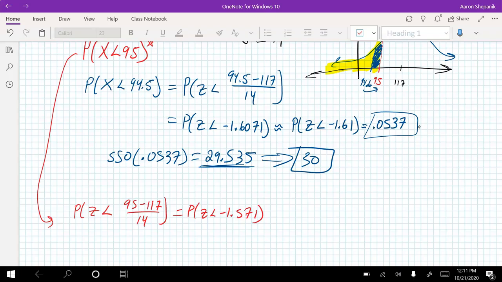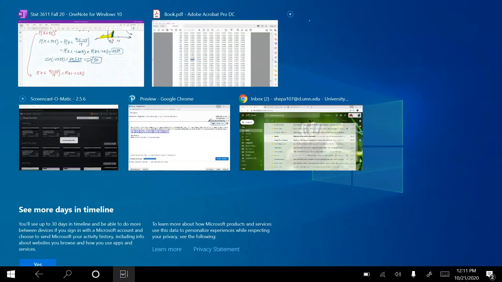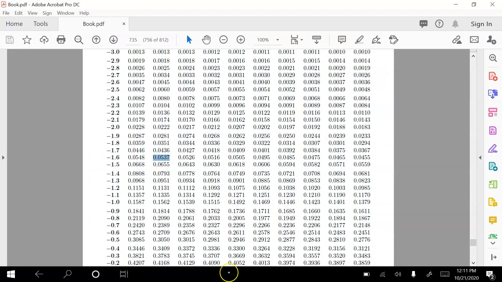So we're going to look for negative 1.57 in our table. Where is negative 1.57 here? Negative 1.50, 1, 2, 3, 4, 5, 6, 7 is 0.0582.